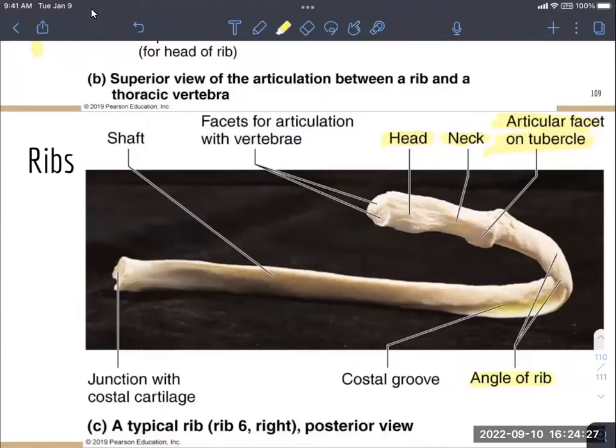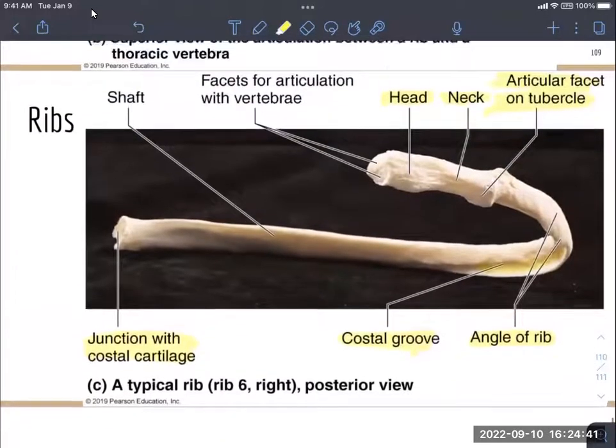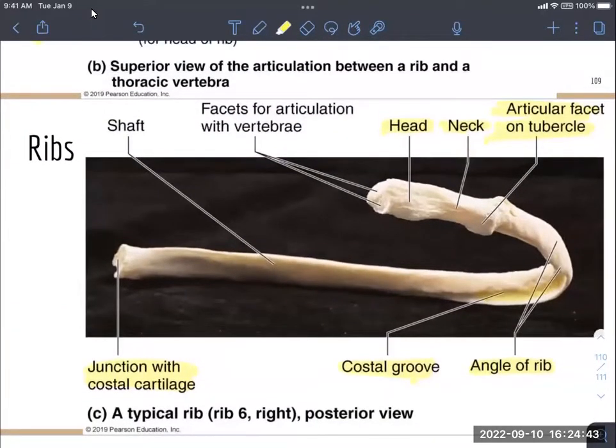That costal groove I told you about is where the nerve, artery, and vein go through. And then we have that junction where the costal cartilage attaches the ribs to the sternum. That is everything here for the axial skeleton.